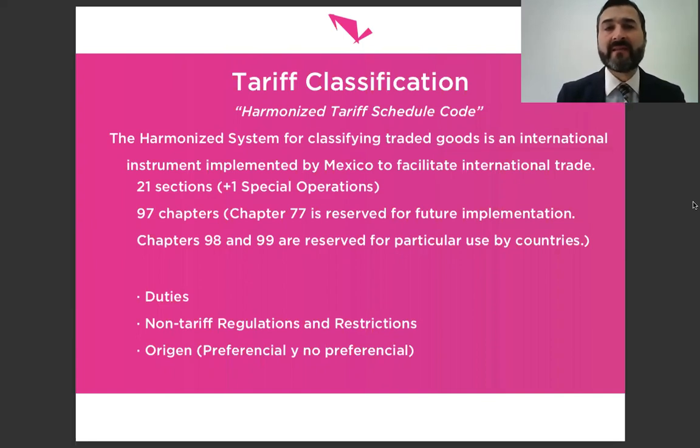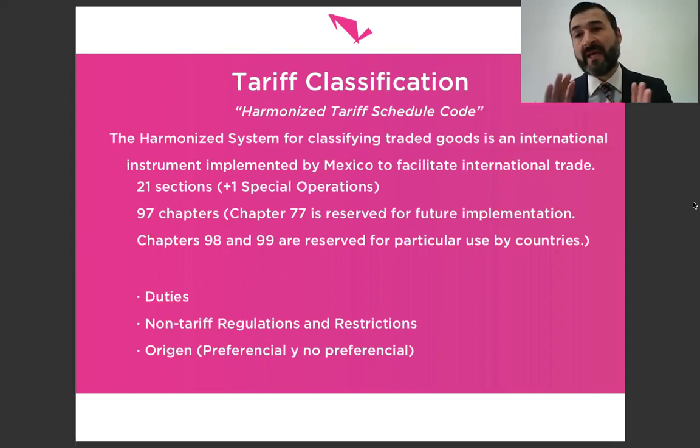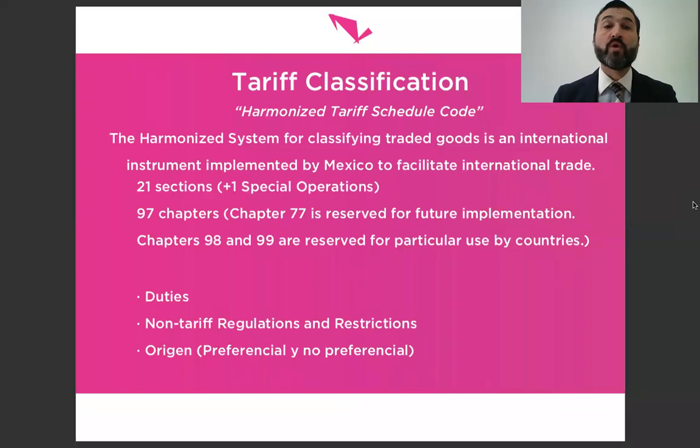Every product has to be identified with these 8 to 10 digits, depending on the country the goods are entering. And as I said, this tariff item determines payment of duties, determines compliance with non-tariff regulations and restrictions, and also refers to the origin of the goods.